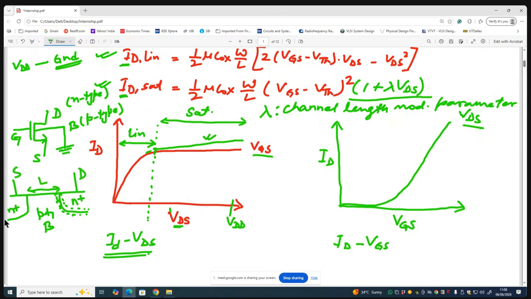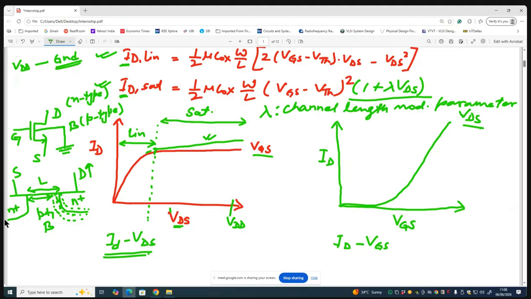So when the drain body junction is reverse biased, there will be the depletion region. And when the drain voltage is increasing, it means the reverse bias voltage across the drain and body is increasing, and therefore this depletion region width is increasing. So the effective channel length will be lesser and lesser. And that results in this increase in the current.